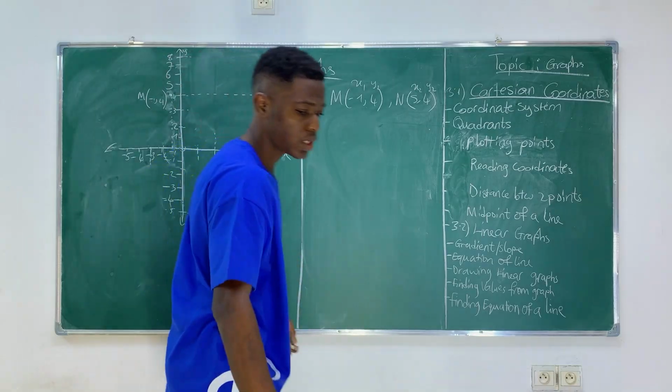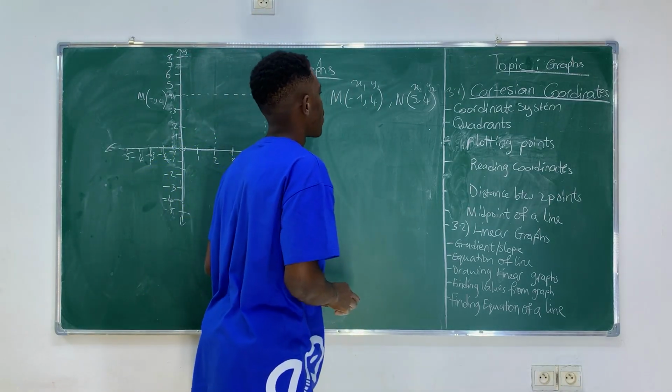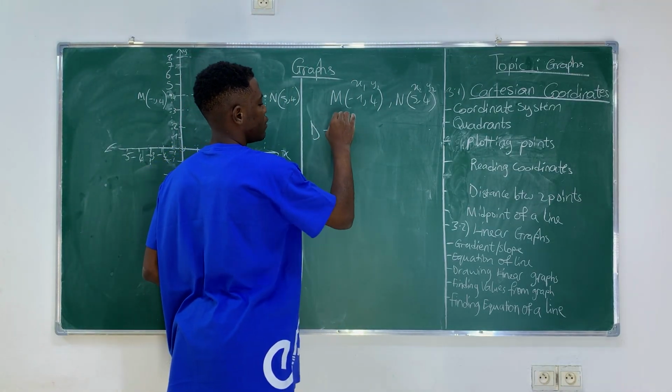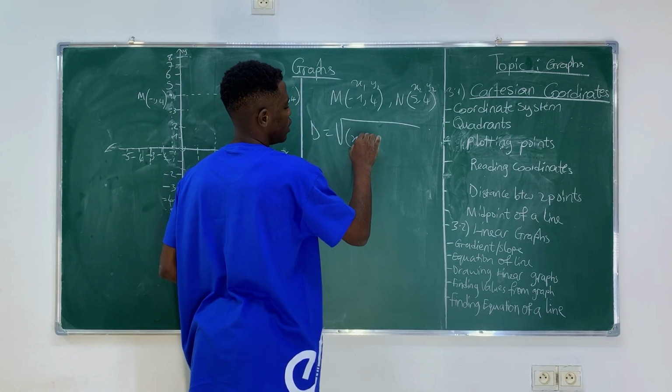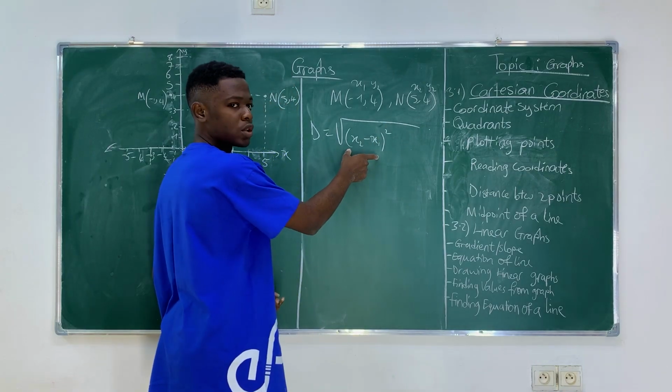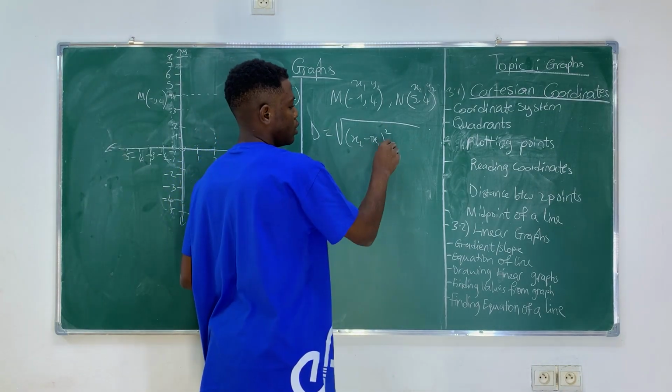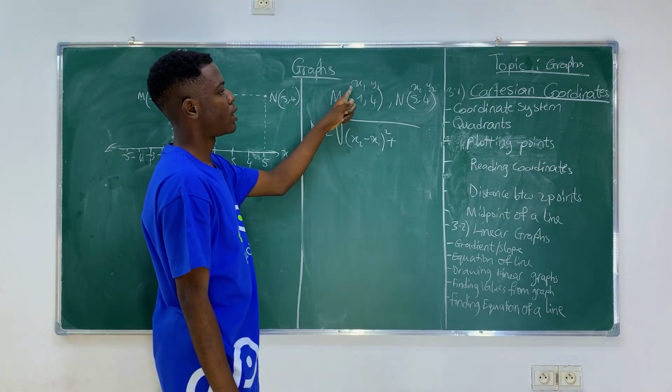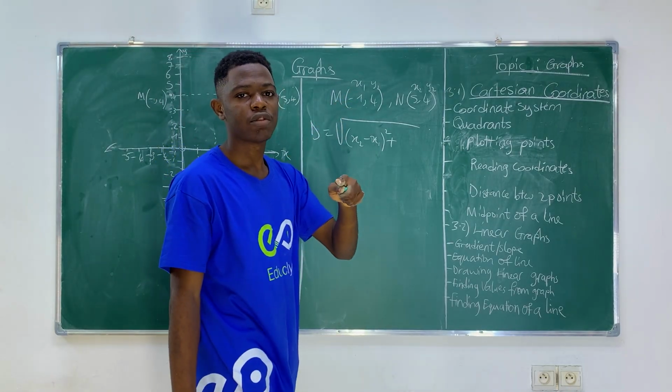So what is the formula of distance? The distance is equal to the square root of (x2 minus x1) squared plus (y2 minus y1) squared. You will see this configuration more often because you always want to start your formula with x.